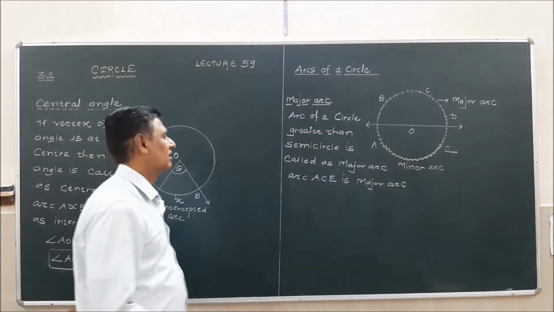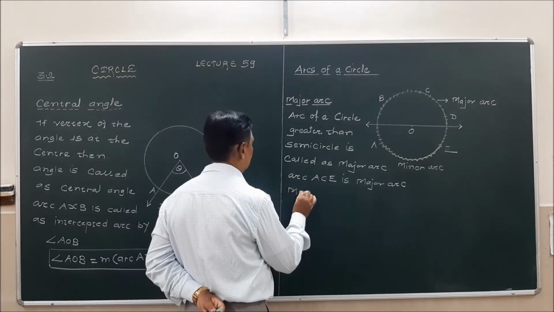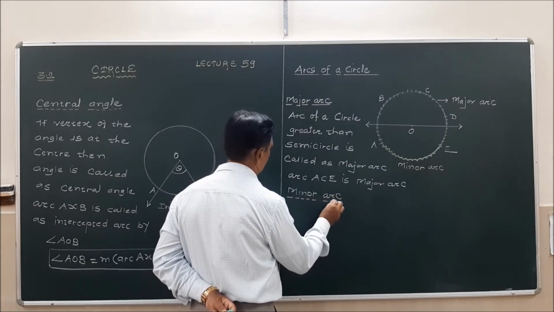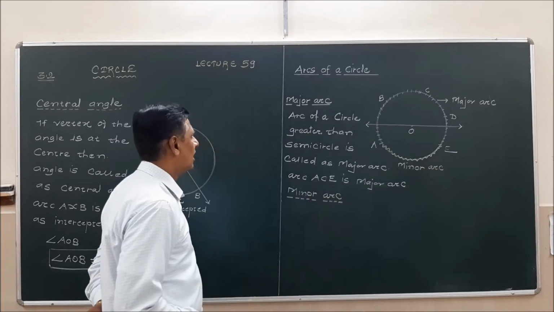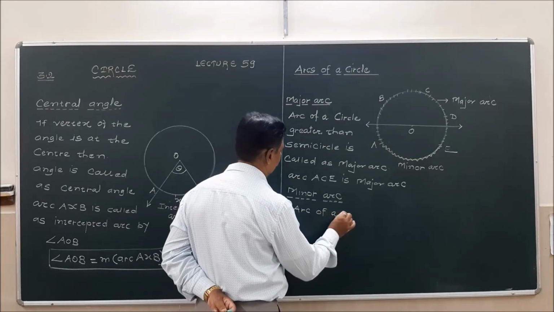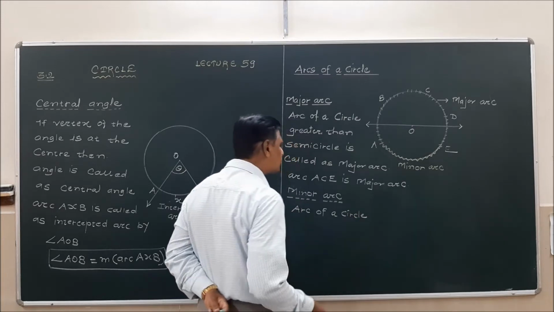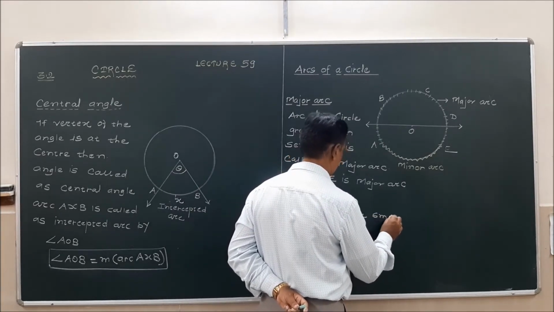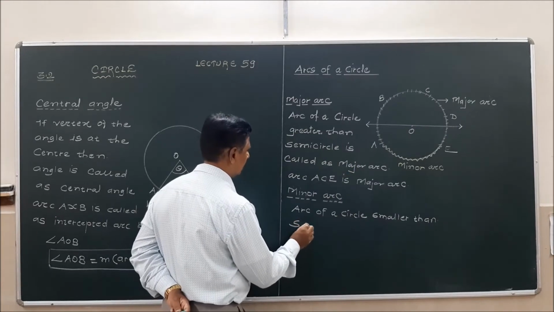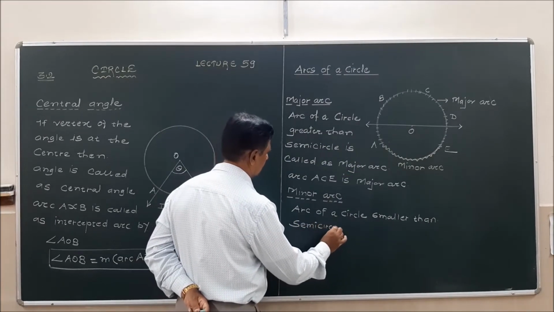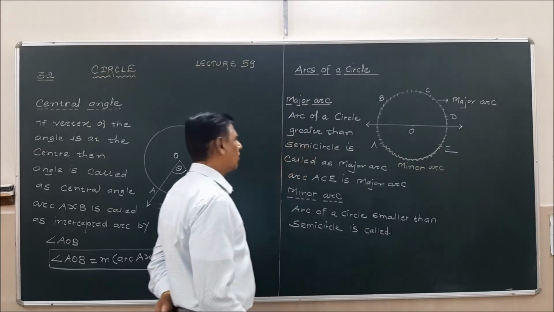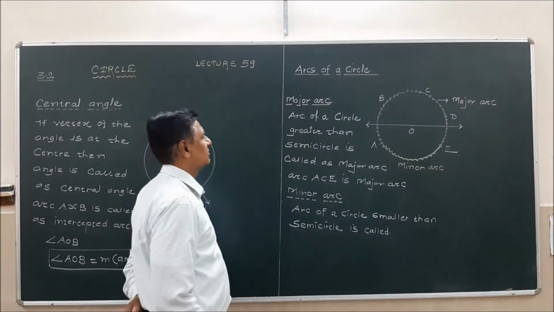Next concept is minor arc. An arc of a circle smaller than semicircle is called a minor arc.